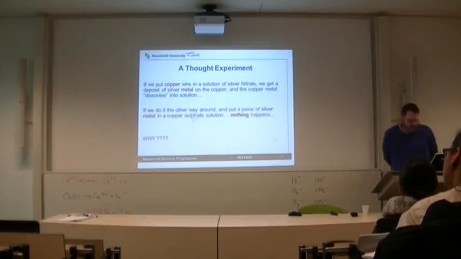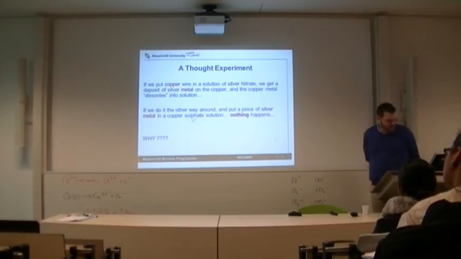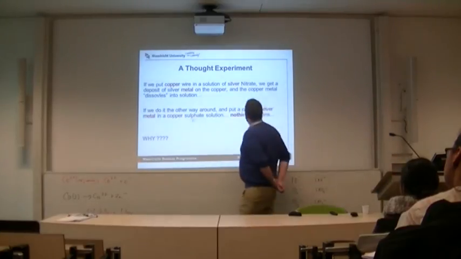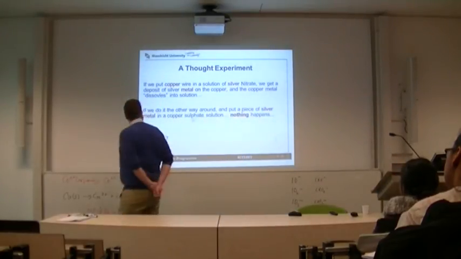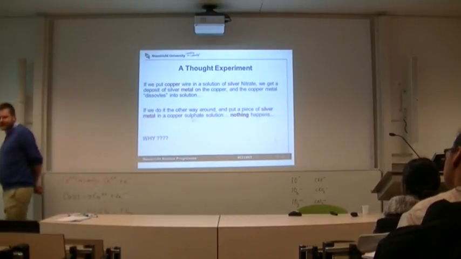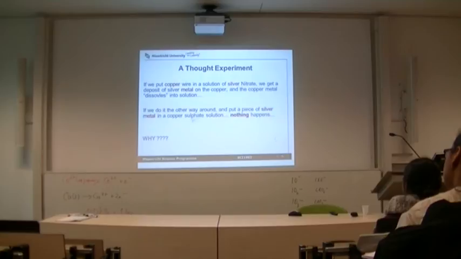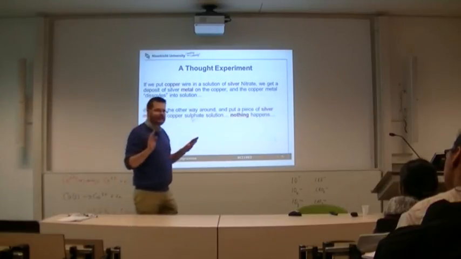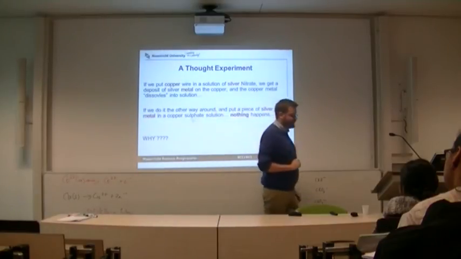If I put a piece of copper wire in a solution of silver nitrate, and I leave it standing at room temperature, I get a deposit of silver metal on the copper, okay? And the copper metal dissolves in solution spontaneously at room temperature. I'll prove it to you now, we'll look at a video.